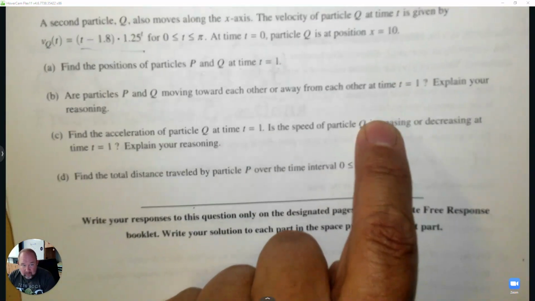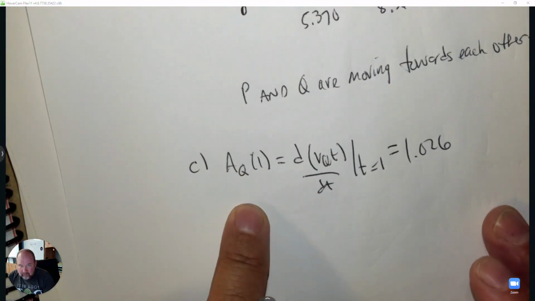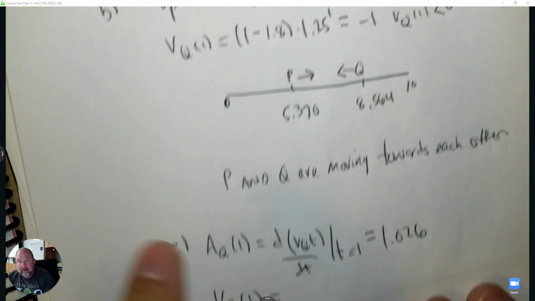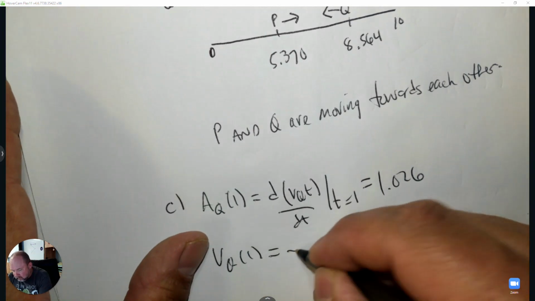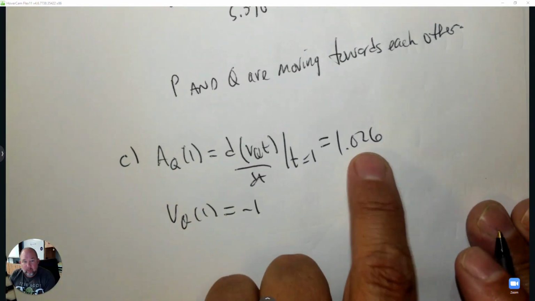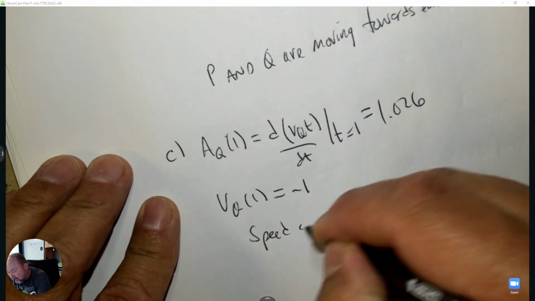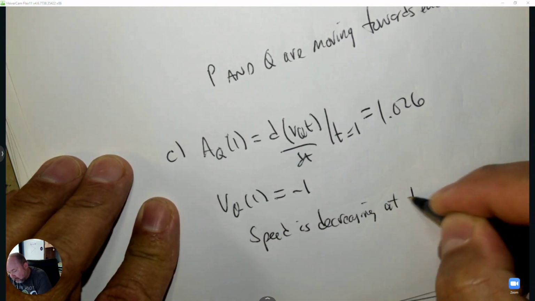Then the second part is, is the speed increasing or decreasing? So to understand that, I have to look at both the acceleration and the velocity and see if the signs match. So the velocity at 1 was -1. So notice one's positive and one's negative. That means the speed is decreasing at t equals 1.